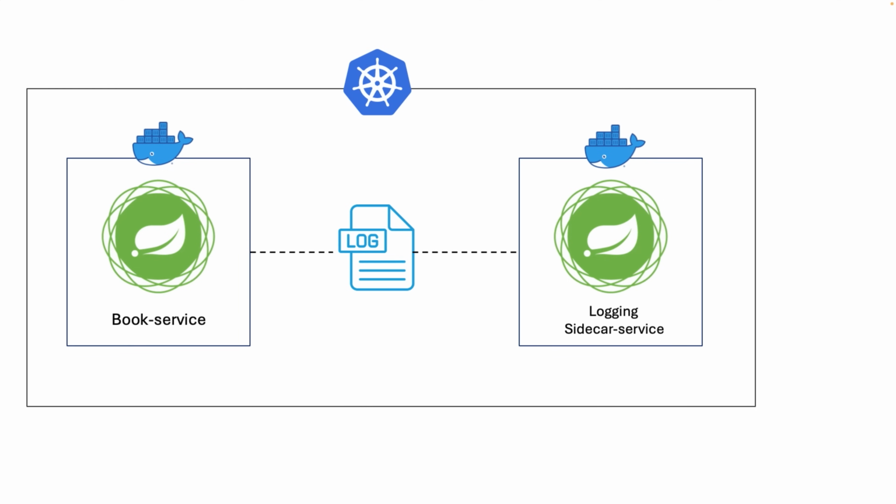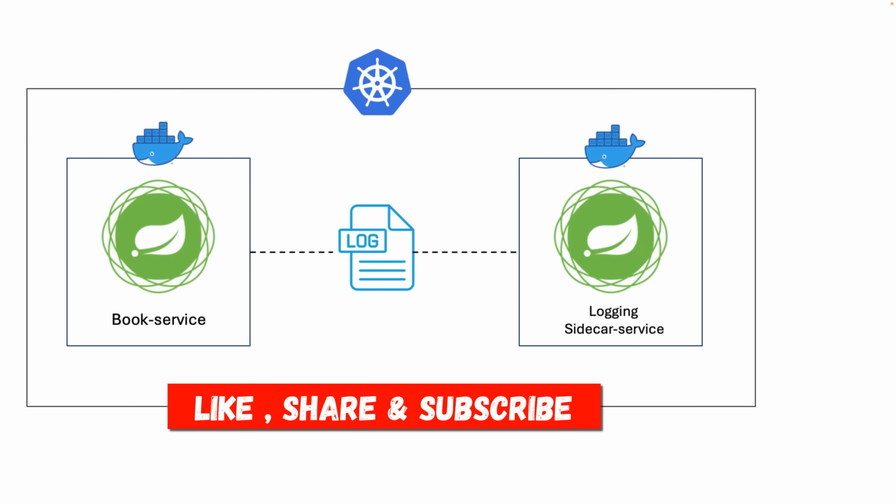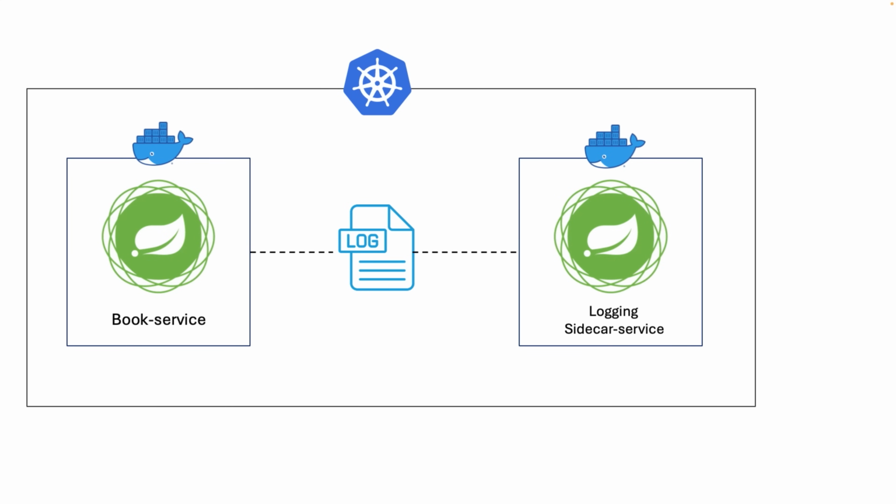Now if you observe here, book service does not care what language your sidecar service is written in. It could be Java or Python or anything else. This allows for a polyglot approach, making your system more flexible and versatile. Really out of the box, isn't it? So just keep in mind, this is a simple demo.